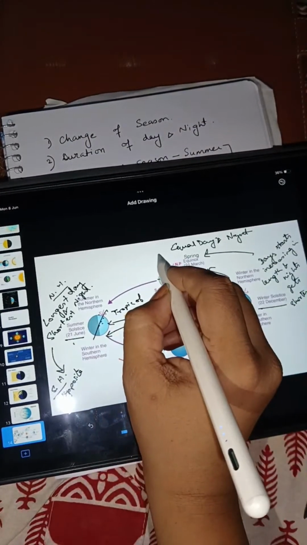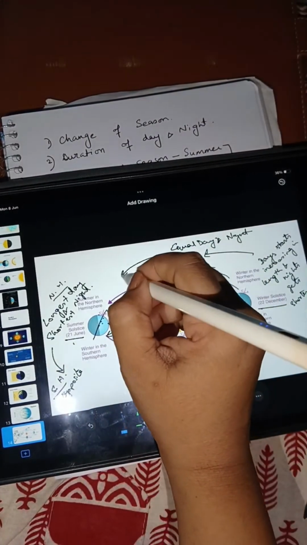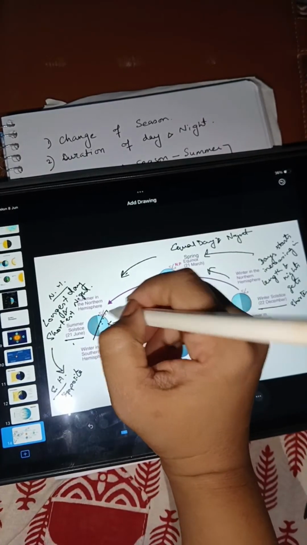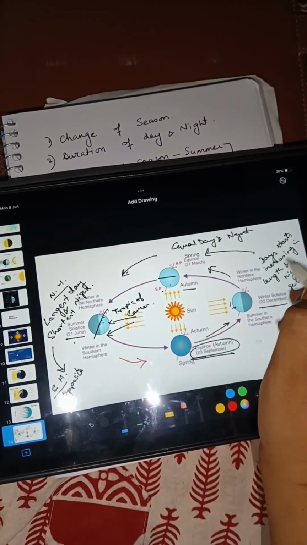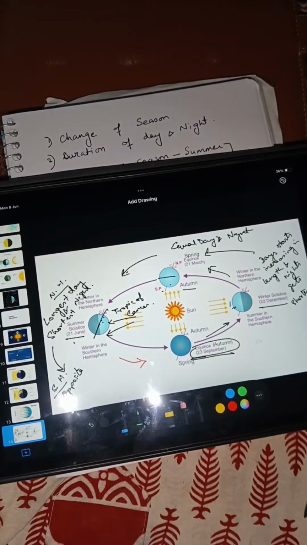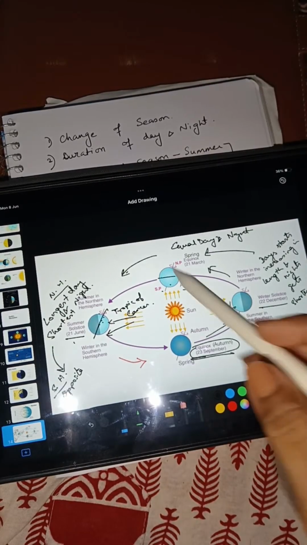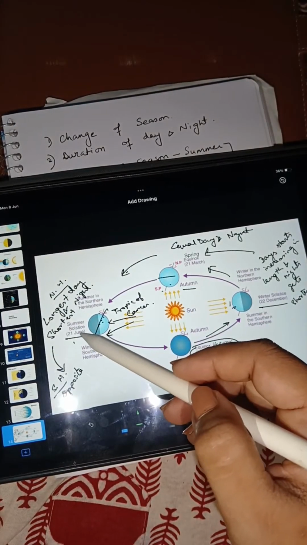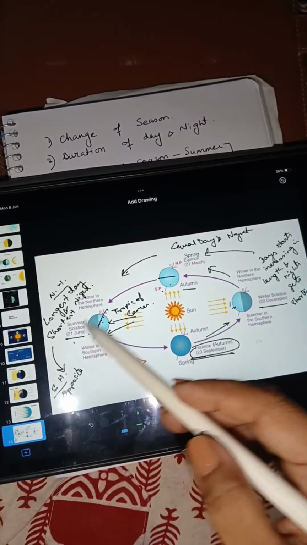And what happens after that? It moves again towards this position. Days start increasing in length, and nights get shorter, till again we come to the same position of summer solstice.